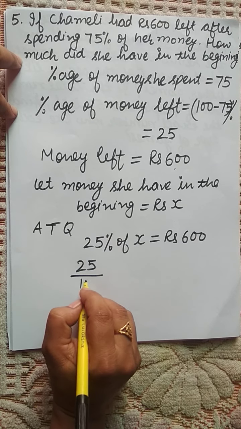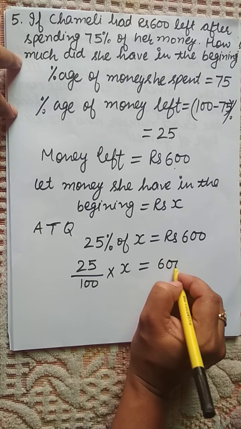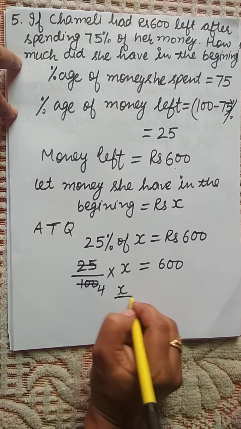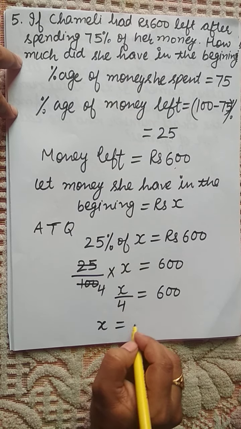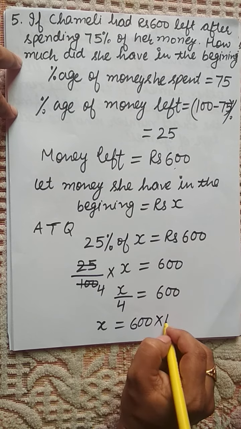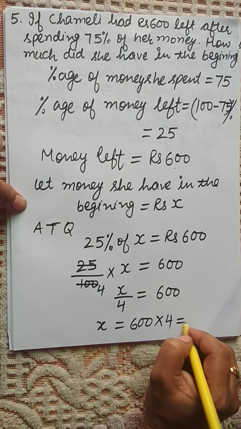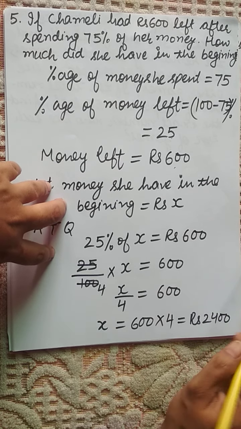It can be written as 25 by 100 multiplied by X is equal to 600. 25 4s the 100. X by 4 is equal to 600. And X is equal to 600 multiplied by 4. 6 4s the 24. So rupees 2400.